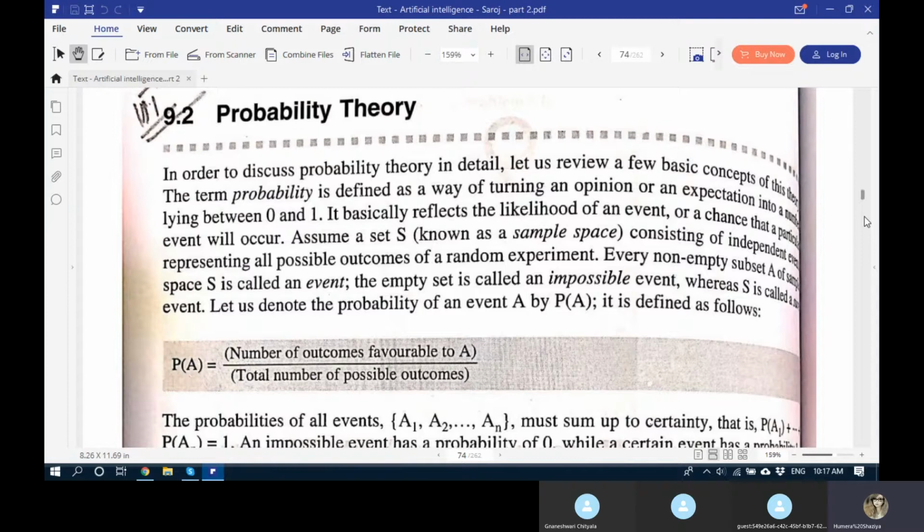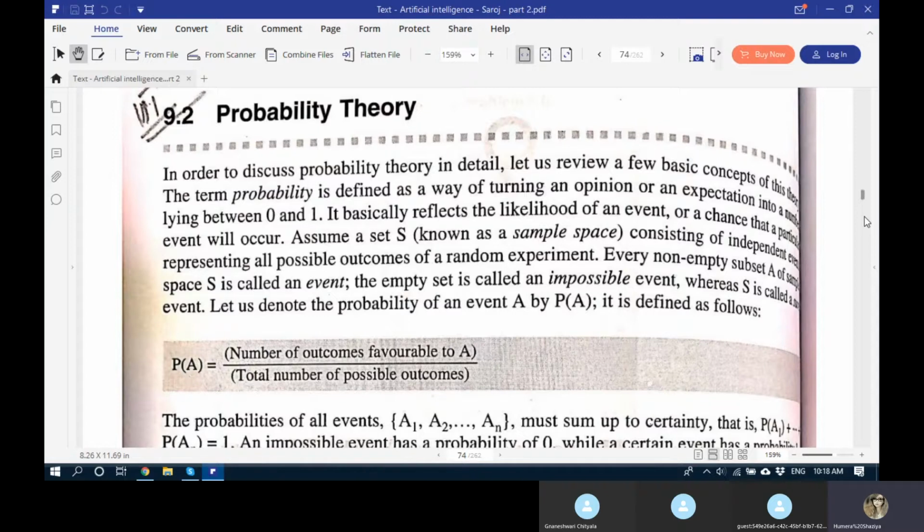If you denote a probability of an event A by P of A, then it is defined as P of A equal to number of outcomes favorable to A over total number of possible outcomes. And probabilities of all events A1, A2 up to An must sum up to certainty, that is probability of A1 plus probability of A2 and so on up to probability of A sub n is equal to 1.